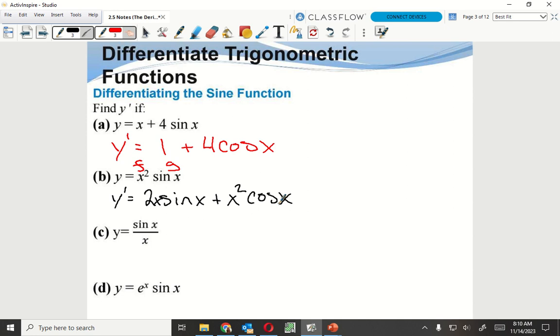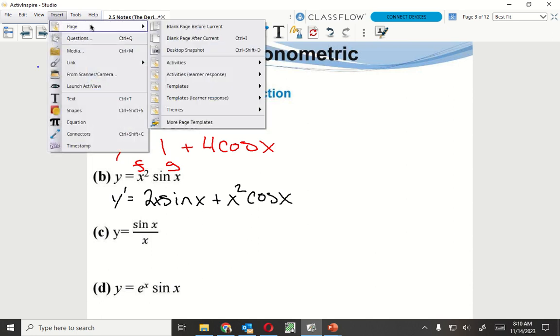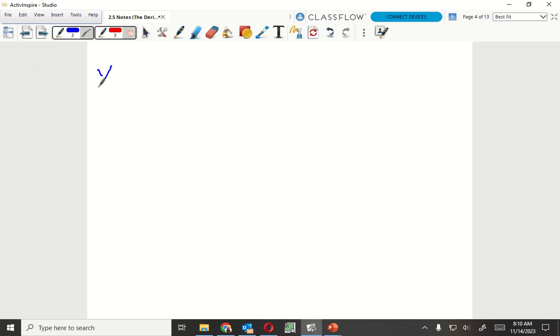Quotient rule. Yeah. So I'm going to do that one again. So sine x over x, that's a quotient rule. Okay, this is my f and this is my g.